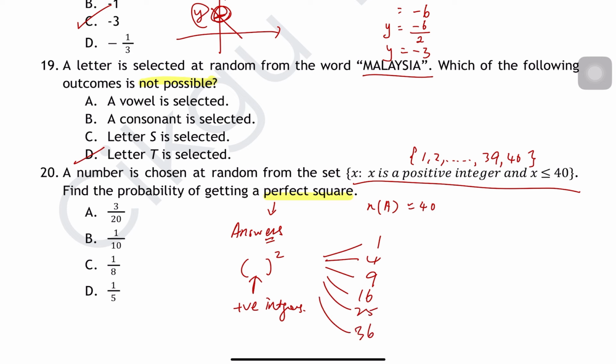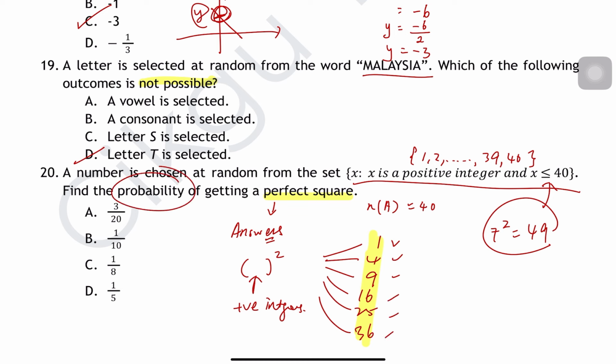You are not taking any further because when you have 7 square, you get 49, which is not in the range of your sample space. So from here, you can see the wanted elements that you are looking for, there are actually 6 in total: 1, 2, 3, 4, 5, 6.